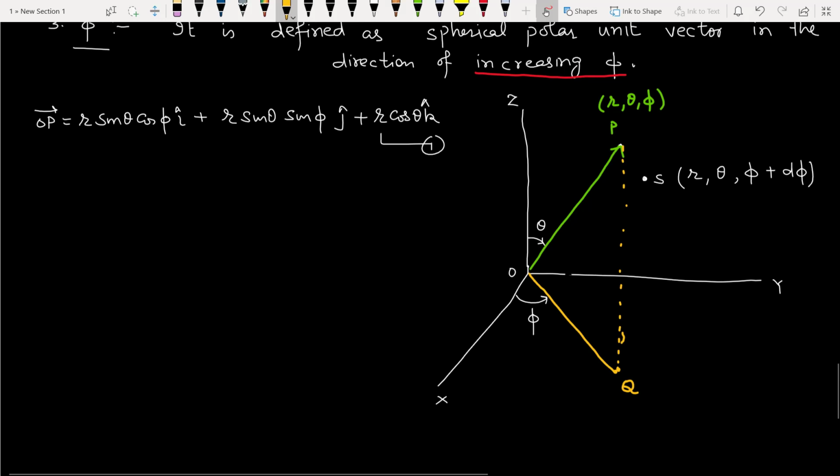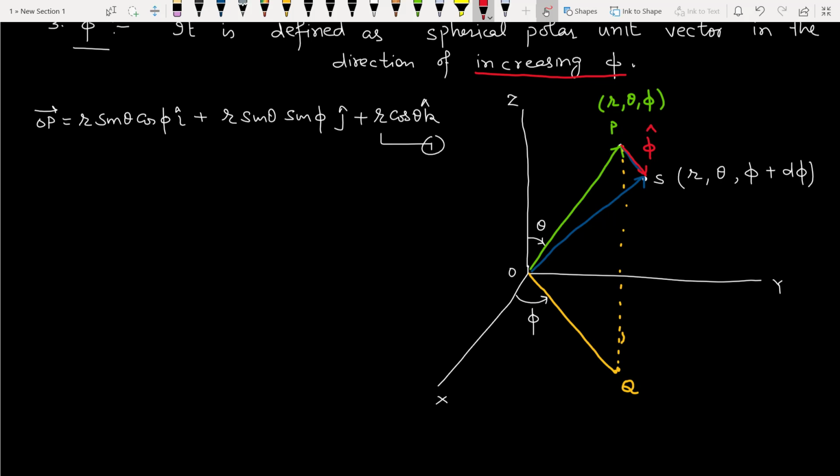It can be found by rotating the OP vector outward from the YZ plane towards the x-axis. So the vector we obtain is the PS vector. This is our phi cap vector.